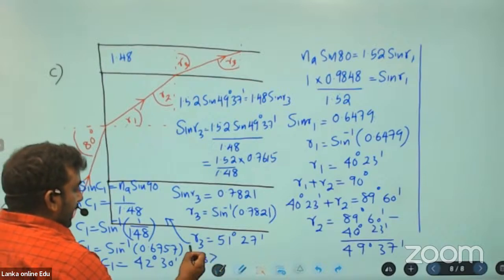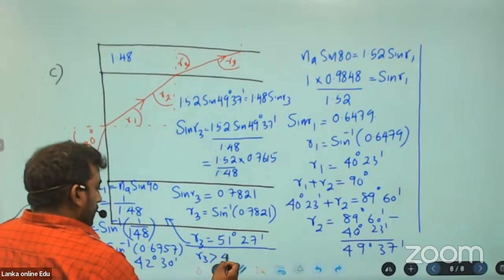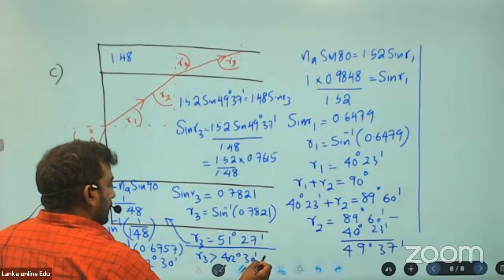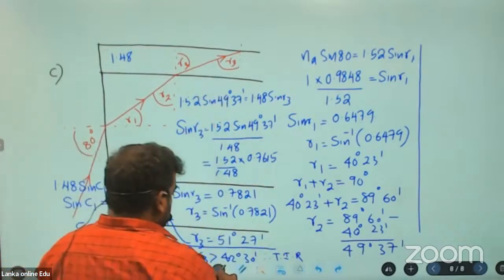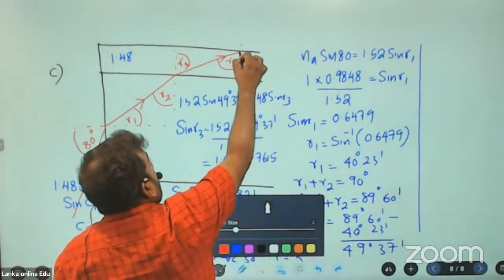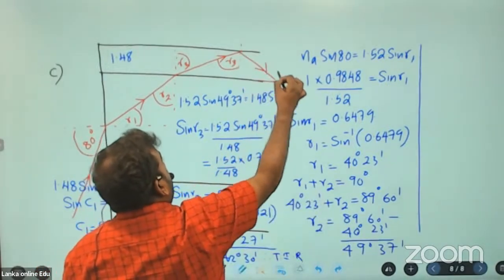R3 is greater than 42 degrees 30 minutes. Therefore, total internal reflection occurs.